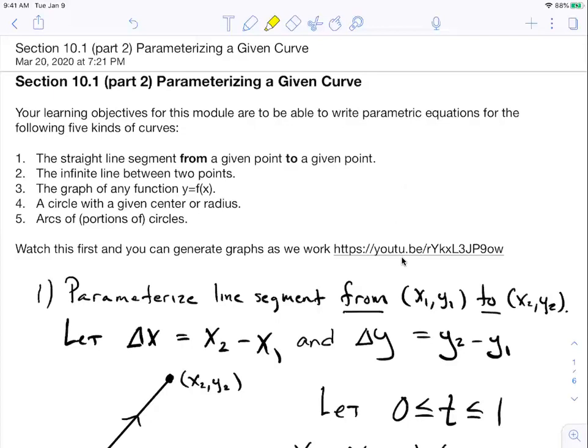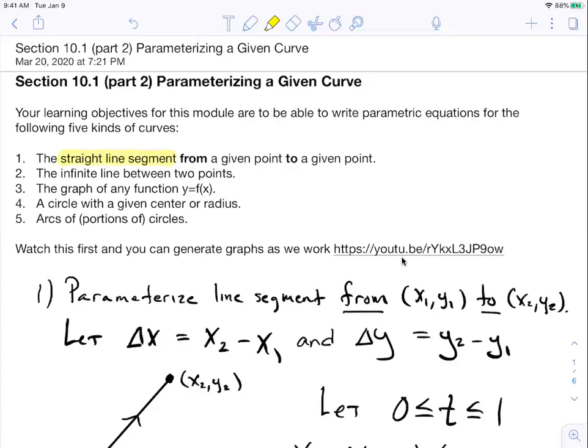So here's the outline. The general problem I want to be able to solve with you guys is, given a curve, how do I parameterize it? How do I come up with parametric equations that have that curve as its graph? We won't worry about doing all possible curves here, but rather just a few types. In particular, I want to be able to parameterize straight line segments, from one point to another point.